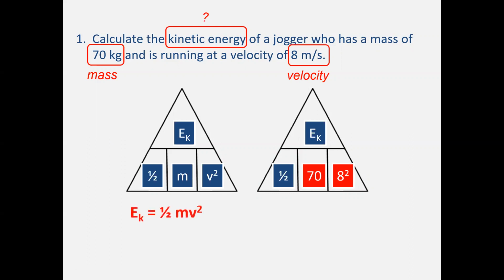So now we know that the equation is, if we cover up kinetic energy, half times mass times velocity squared. So the kinetic energy would be half times 70 times 8 squared, which gives a kinetic energy of 2,240 joules.